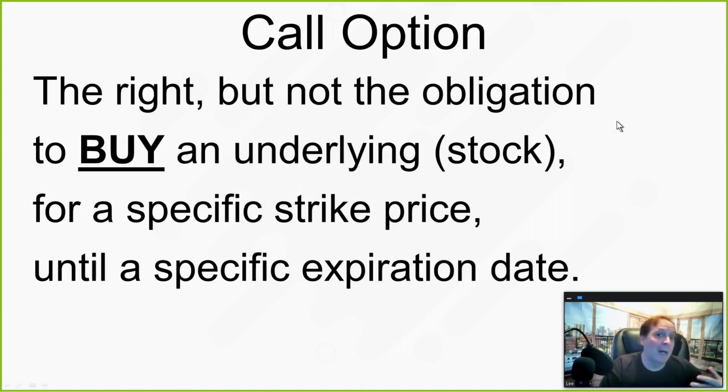When you buy a call option and you have the right to buy that stock, somebody else had to sell that call option, and you are able to force them to sell that stock to you. That's a contract. It obligates them but gives you the right to buy the stock at a specific price on a specific date.